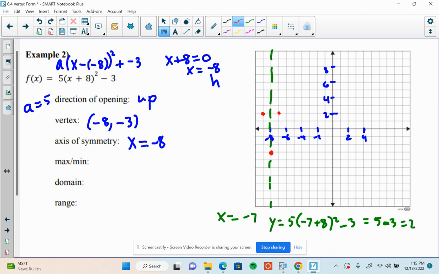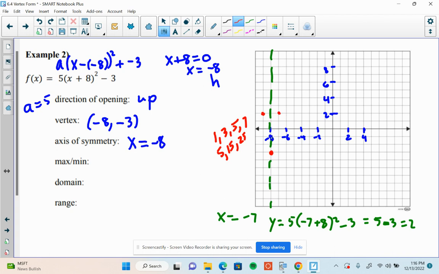I could use the 1, 3, 5, 7 pattern, but I have to multiply it by 5. I get 5, 15, 25. From the vertex, I go 1 to the right and up 5, but if I go 1 to the right and up 15, I'm off the charts already.